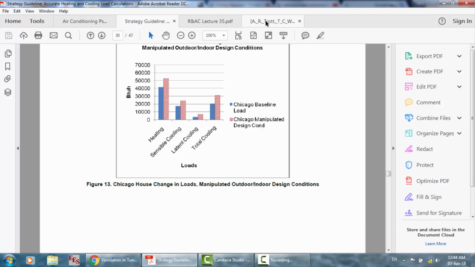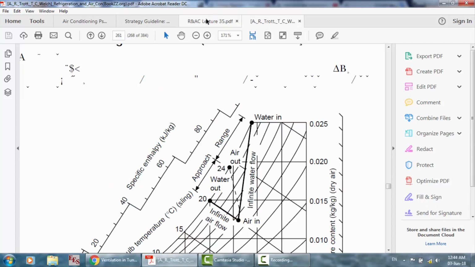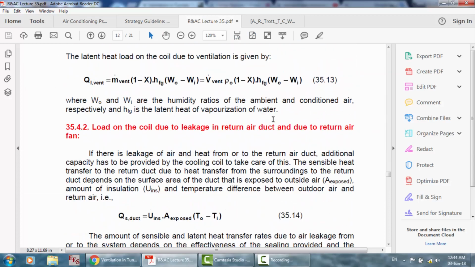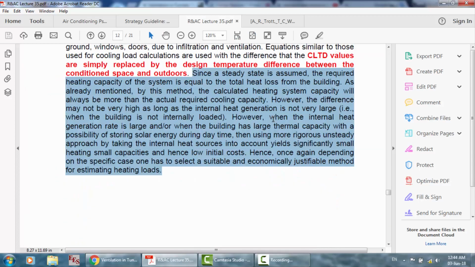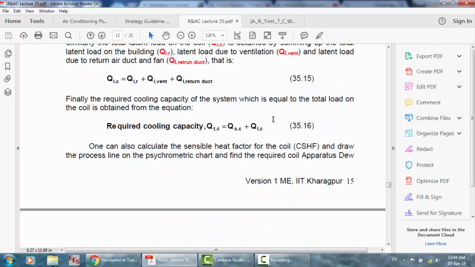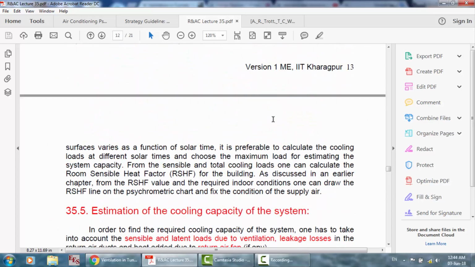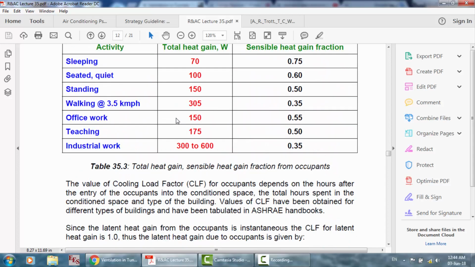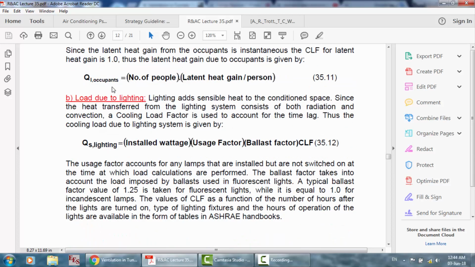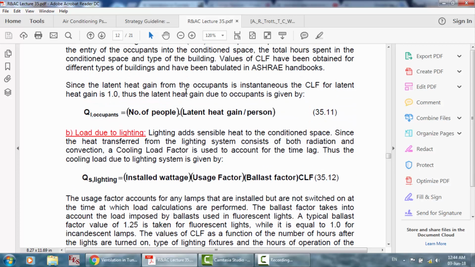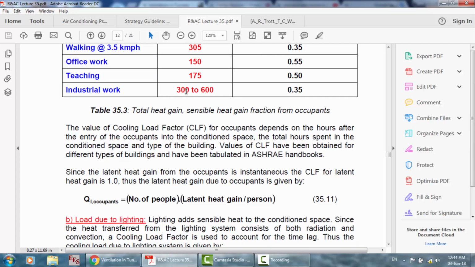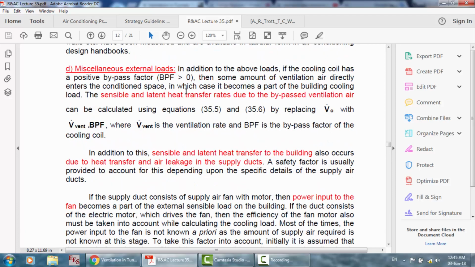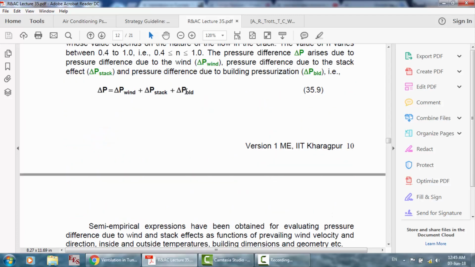So the last thing that I want to show you is, when we talk about the heating loads, notice that, for example, the heat from the occupants will be positive, but the heat loss from the walls and the glass will be negative. Why?